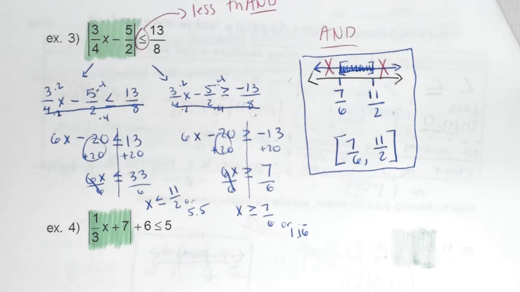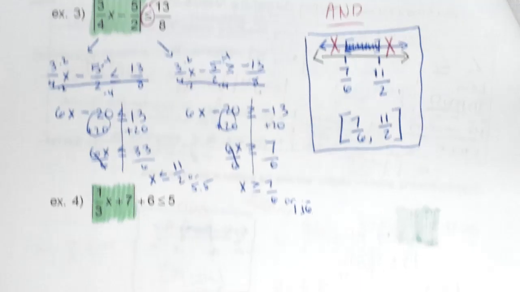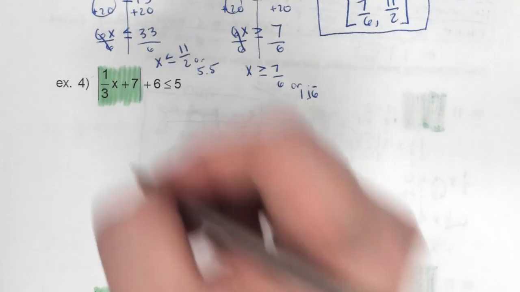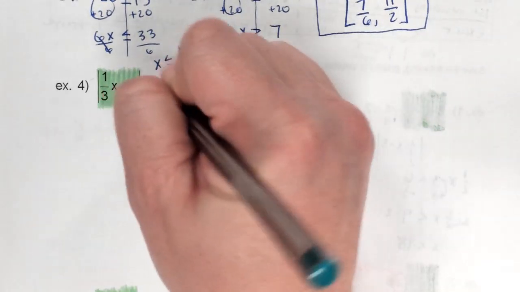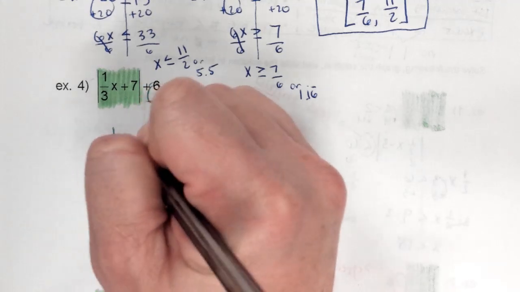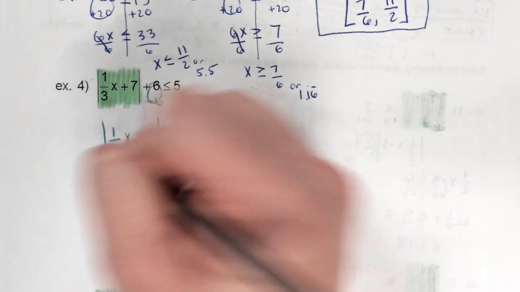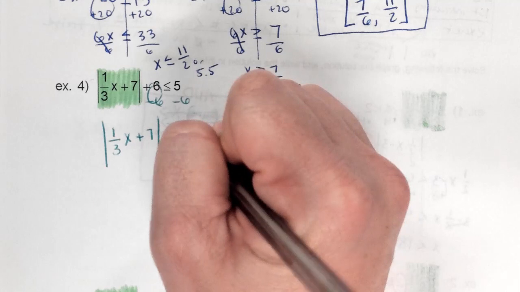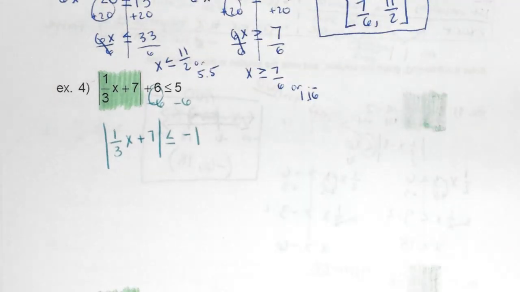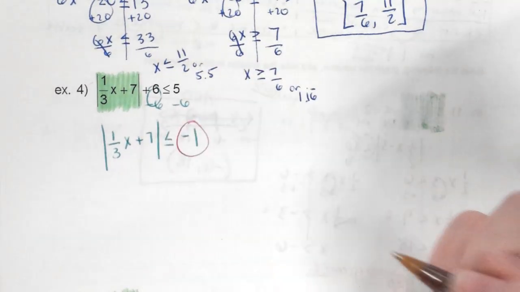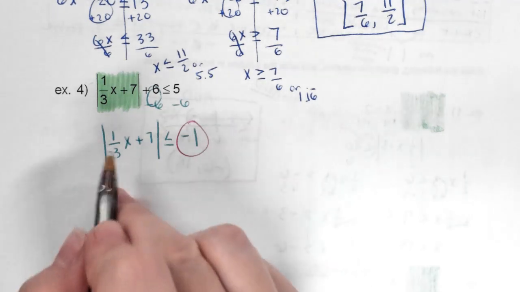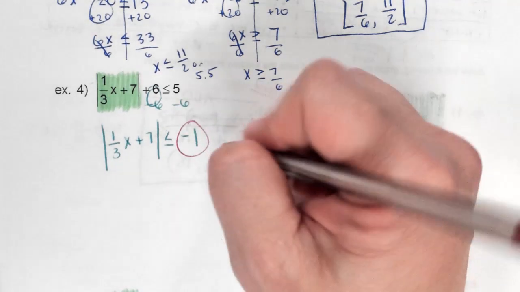Okay, look at number 4. What do I need to do first? Subtract 6 from both sides. I get 1/3 x plus 7 is less than or equal to -1. What do we notice? It's a negative. When I told y'all, anytime you have a negative after your absolute value is alone, you stop.